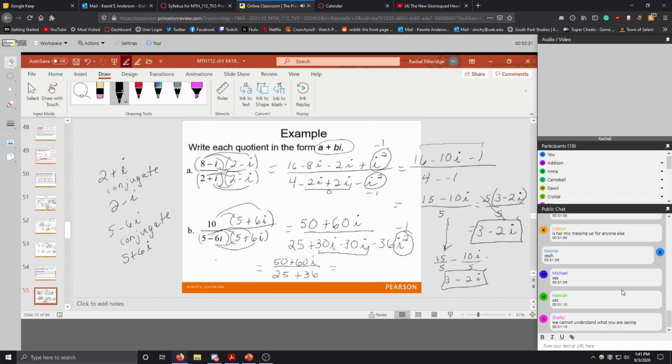Okay, everybody see that? Now 50 plus 60i over, I believe that's 61. And I think that MyMathLab is going to want you to separate those answers and write it like this: 50 over 61 plus 60i over 61.